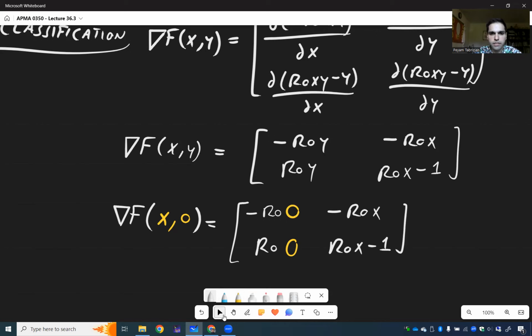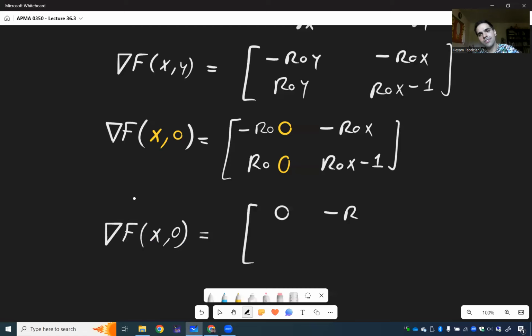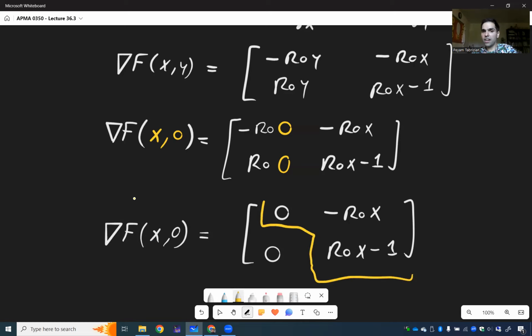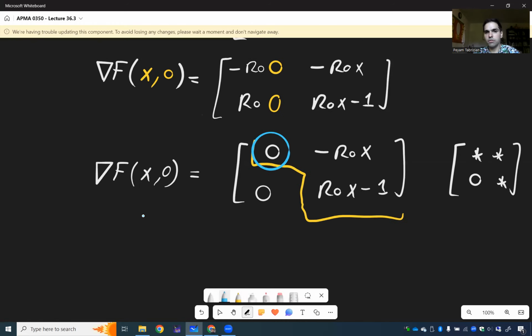So in the end, the gradient of f at x, 0 is 0, minus R0X, 0, and R0X minus 1. And the nice thing is, this is once again an upper triangular matrix, so of the form star star 0 star. And remember, if it's upper triangular, we can just read off the eigenvalues.